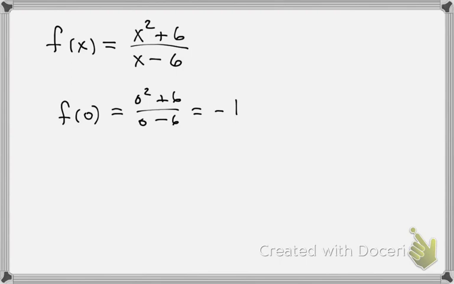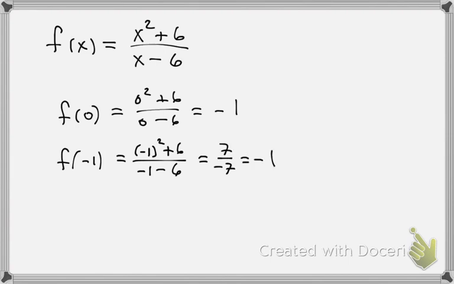Could I ask you to find f of negative 1? Negative 1 squared plus 6 over negative 1 minus 6. Seven over negative 7 is? Negative 1.